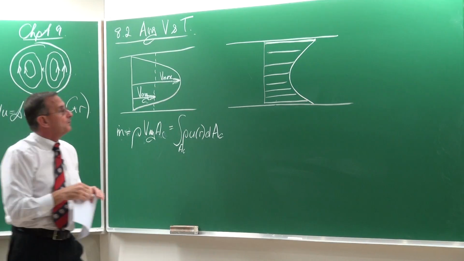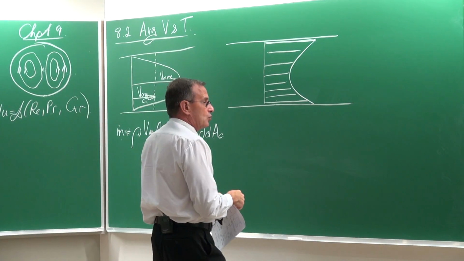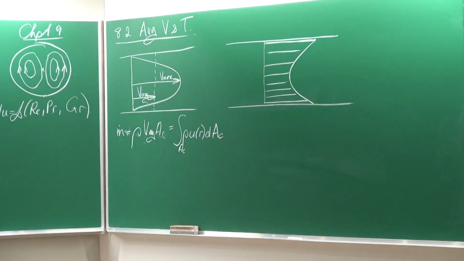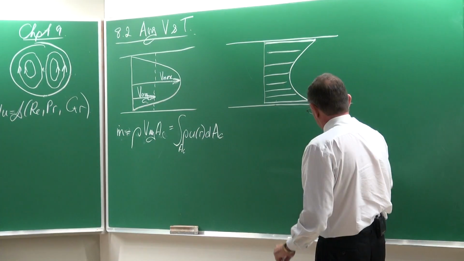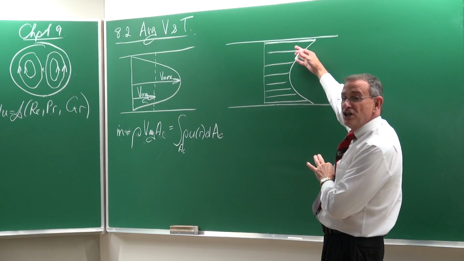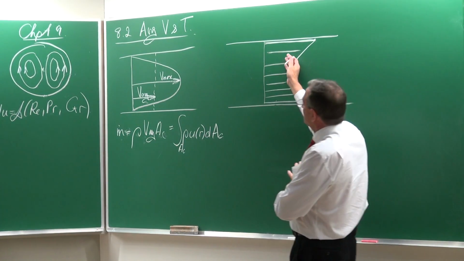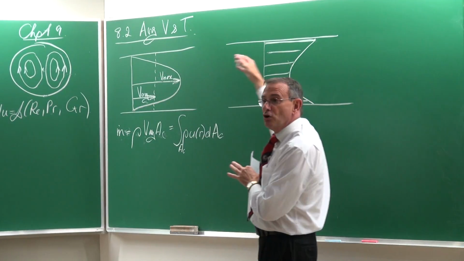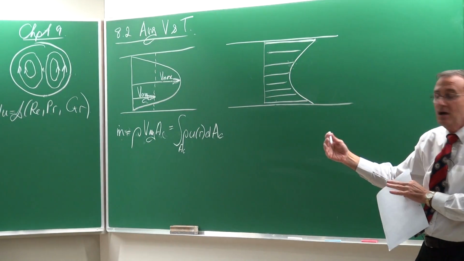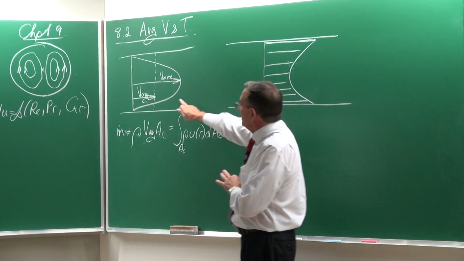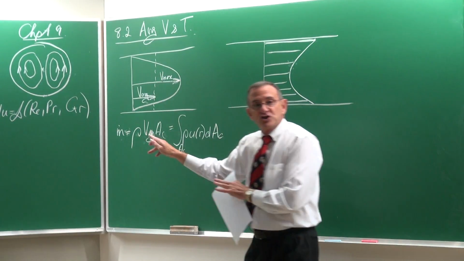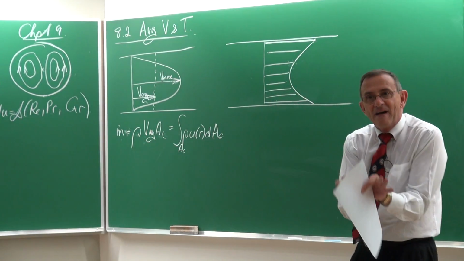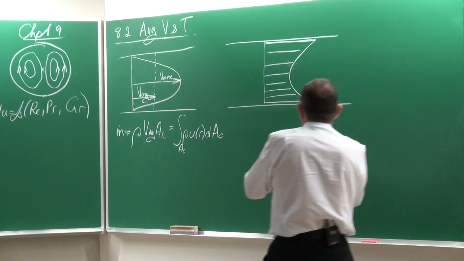But now we have to remember that although we've got this temperature distribution, the energy is being transported by the mass flow rate multiplied by its temperature, which means that you have to take into consideration the velocity profile to get the average temperature.